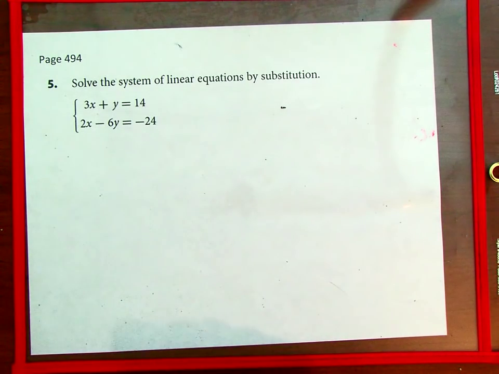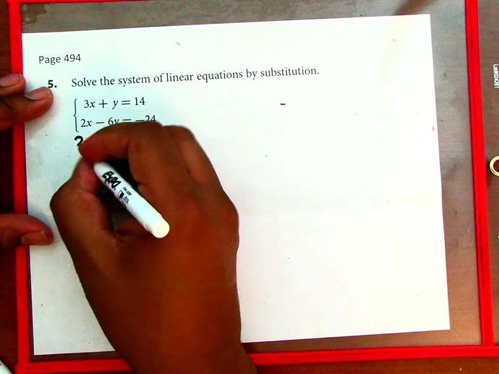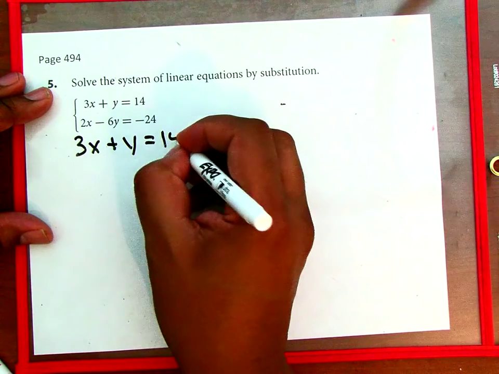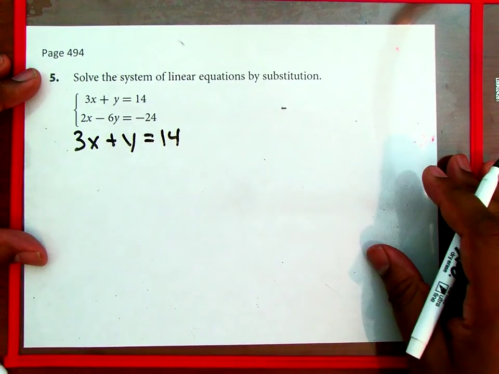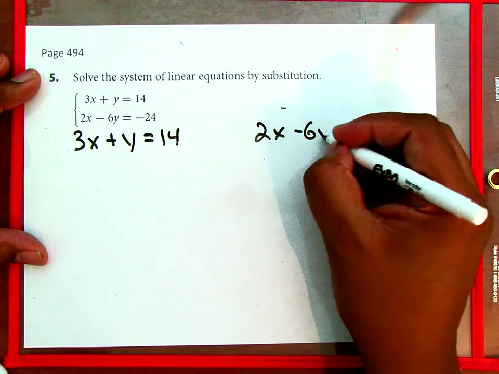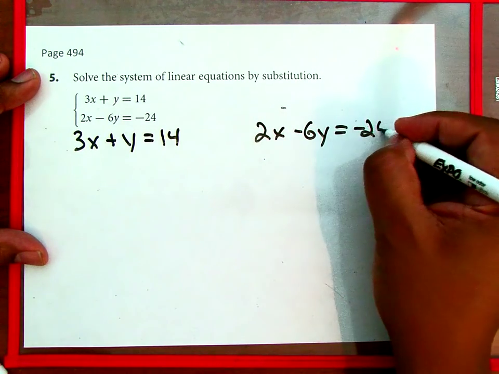So what we want to do here is step 1, which is to take one equation and solve for x or y. But here's the deal, you have to pick which equation, and whether you're solving for x or y. I'll write out each equation: 3x plus y is equal to 14, and 2x minus 6y is equal to negative 24.